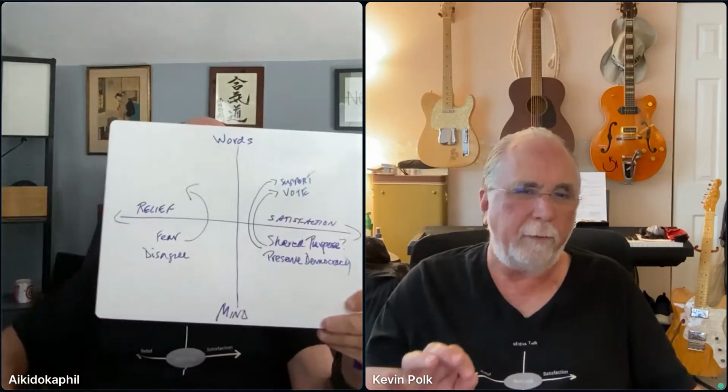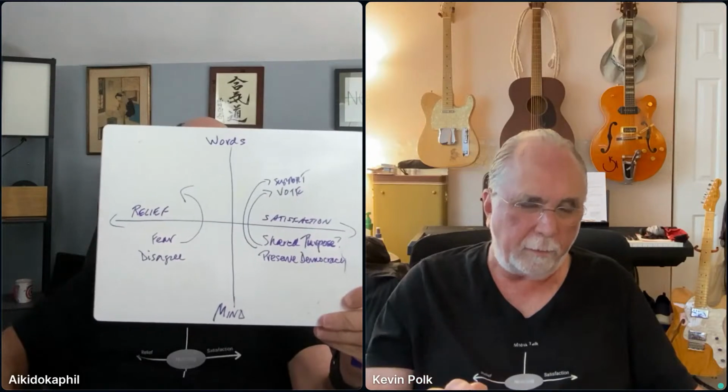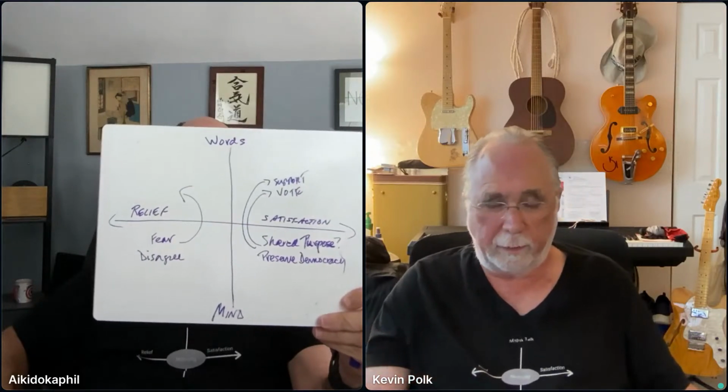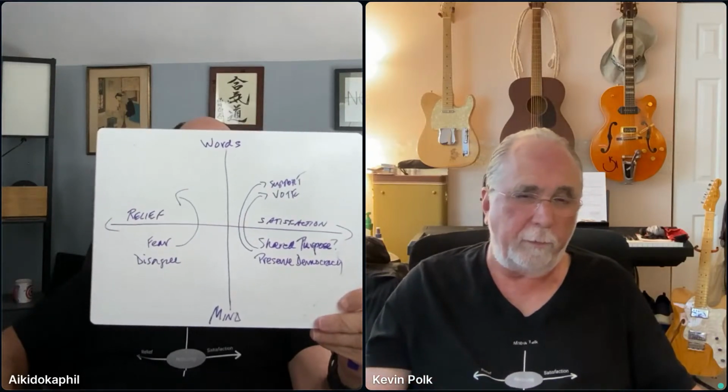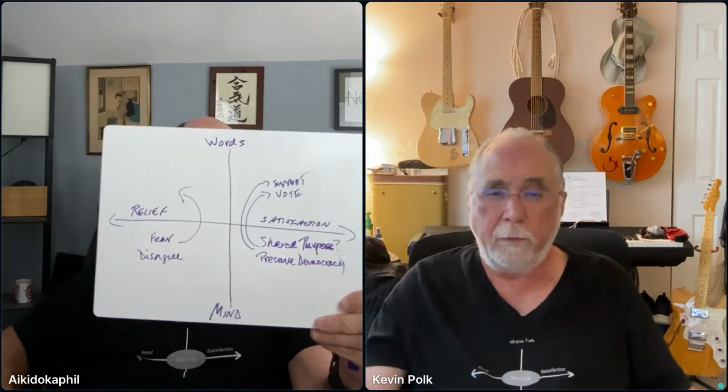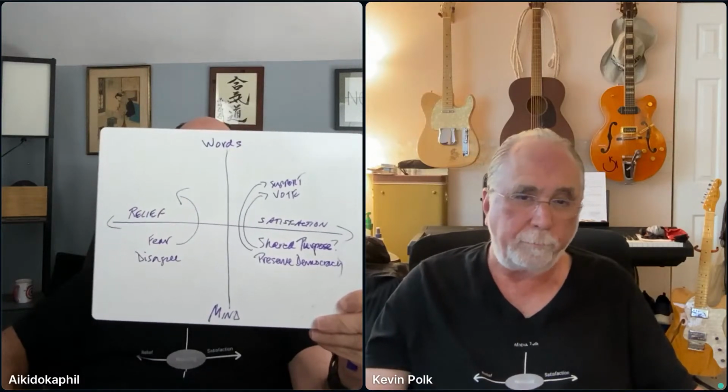So I don't know what he'll be up to. But any of you can do this with anything. The simpler way to do an analysis of human behavior is to go down to the basics. And the basics, basically, you're doing stuff for relief, you're doing stuff for satisfaction. Sometimes you do it for both. It's called twofers.